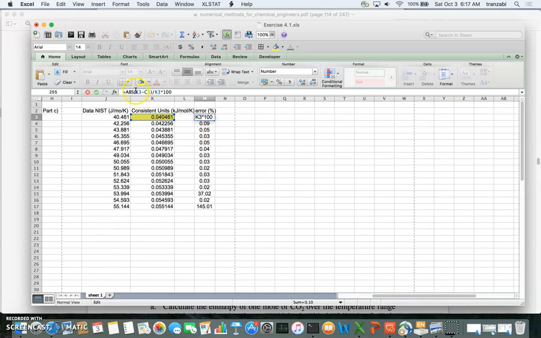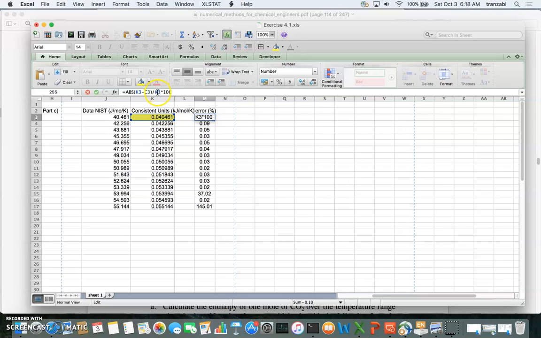So to calculate the error, I take the numerical derivative minus the NIST data. I'm sorry, this is the NIST data. So yes, K3 is the NIST data. So NIST data minus numerical derivative divided by NIST, because we're assuming NIST is more accurate than our derivative. So that's why we based the calculation on the NIST data.